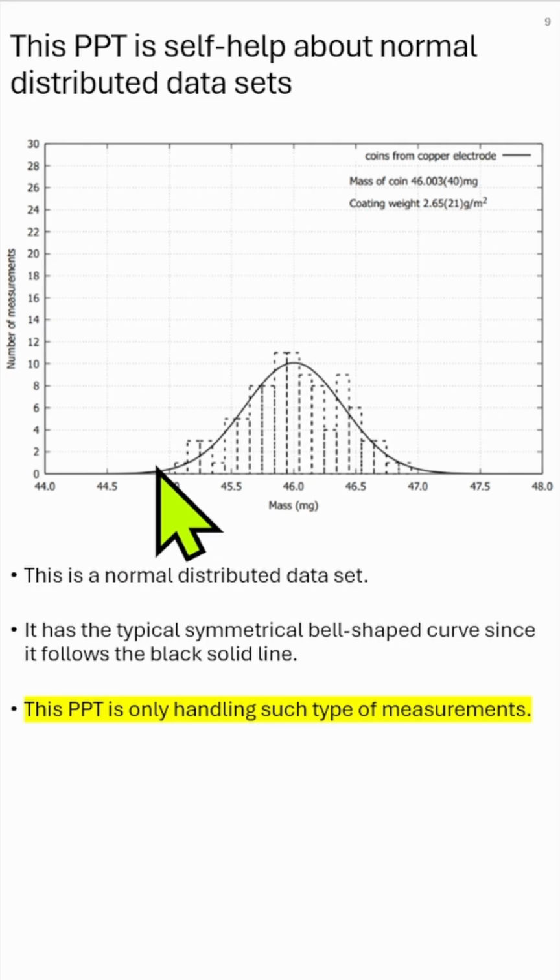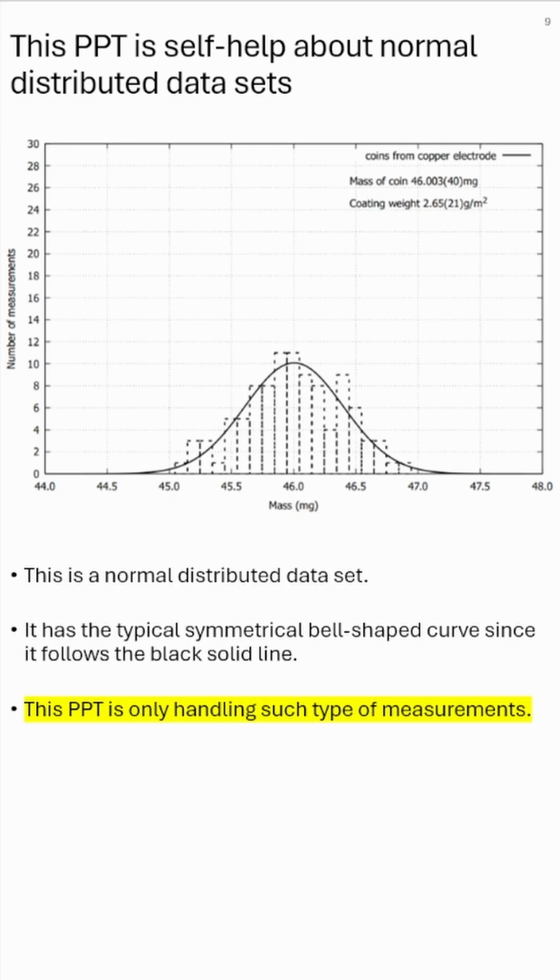And we can see that the bell shape actually follows those bars or boxes in the histogram pretty well. That is the definition of a normal distribution set. The histogram should look bell-shaped.